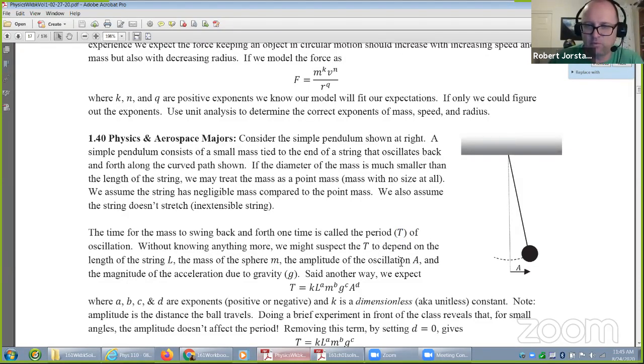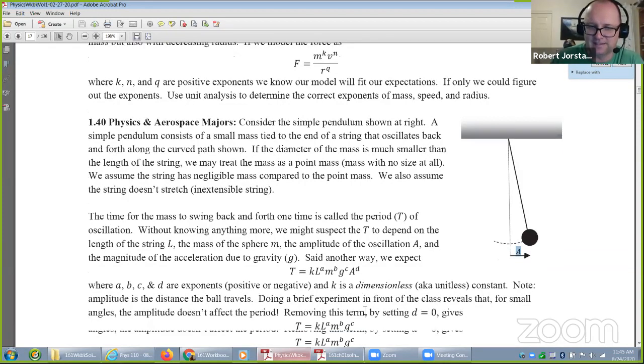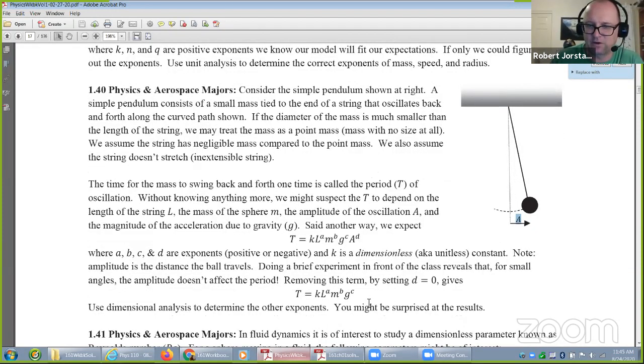Does the mass matter? What are the different parameters I need to test? So maybe you think, well, maybe the amount of gravity matters. Maybe the mass matters. Maybe the length of the string, and maybe what was this? The amplitude, how far I pull the string over here. So you can see the A. And what you could do is you could do this unit analysis and figure out some things don't matter.